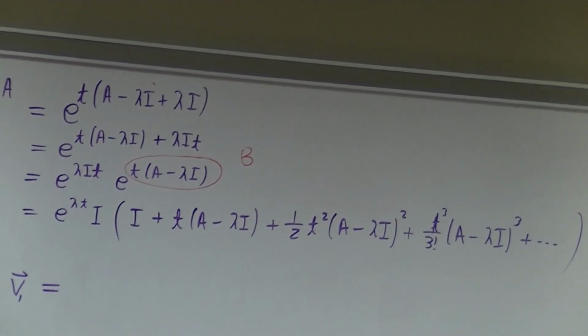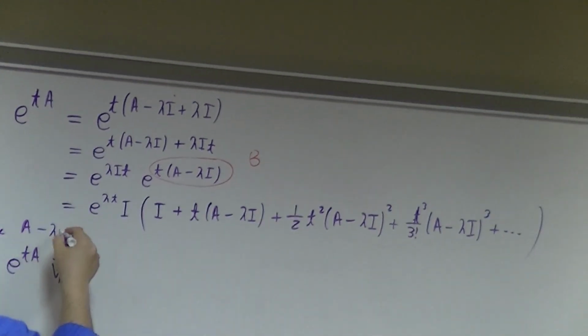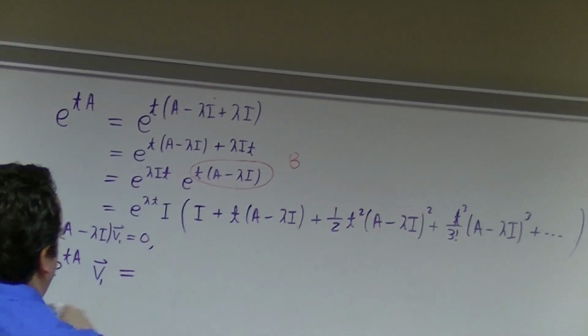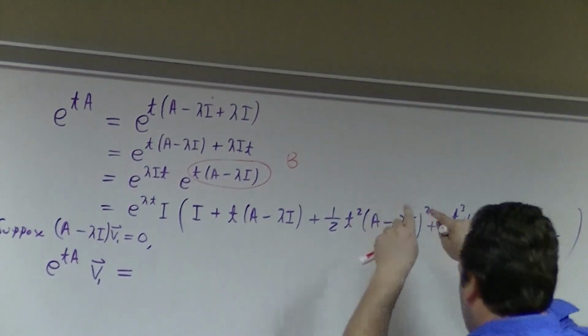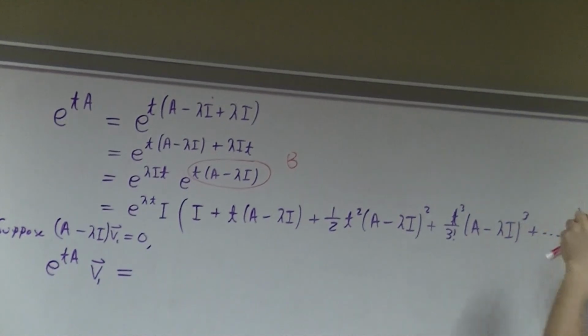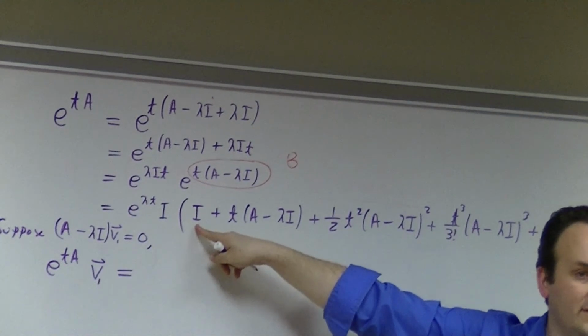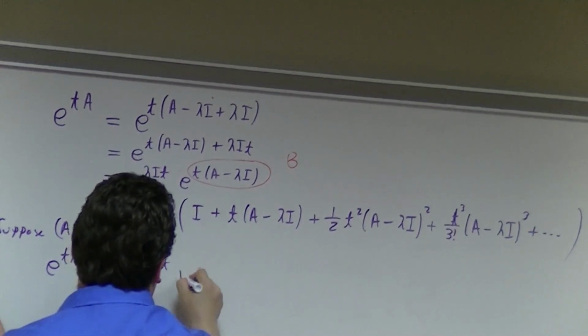Suppose a minus lambda I times v1 is equal to 0. What happens? See this? 0, 0, 0. It truncates this thing. Everything is killed by v1, except that term. And it leaves you with e to the lambda t v1.